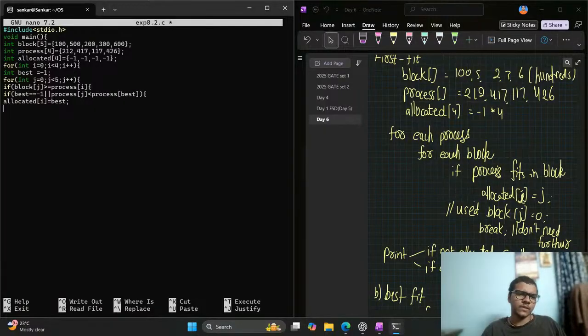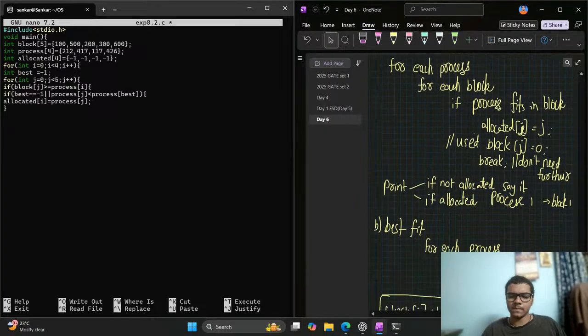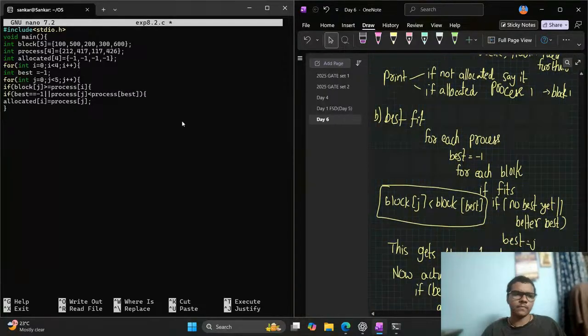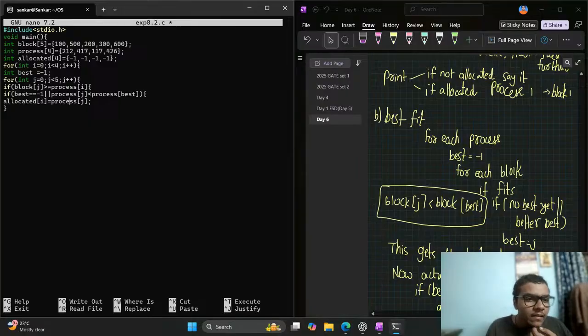You will allocate it. Now what best is the index? You will allocate it with the process. Let me see if that is correct. Okay, you won't allocate it.